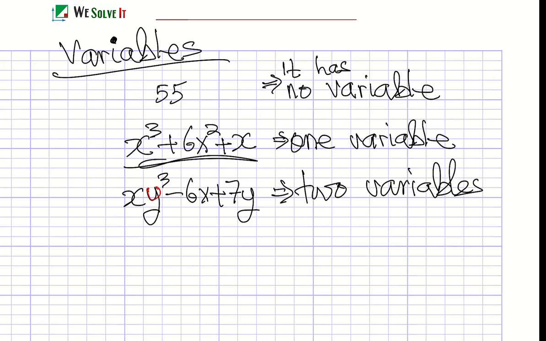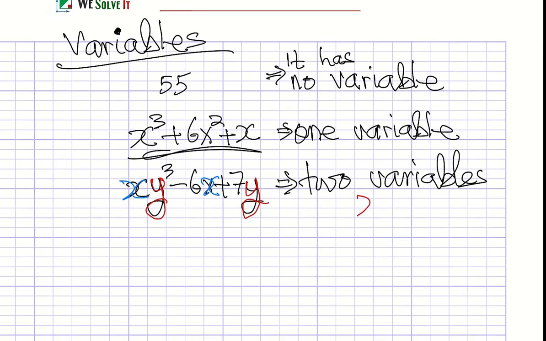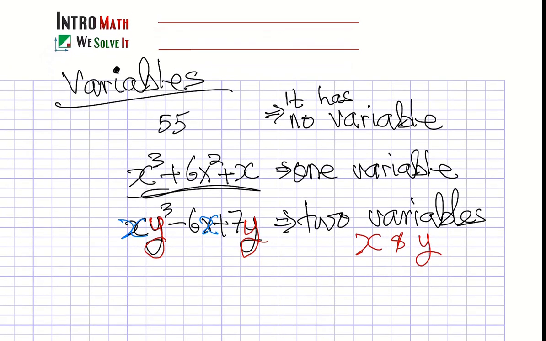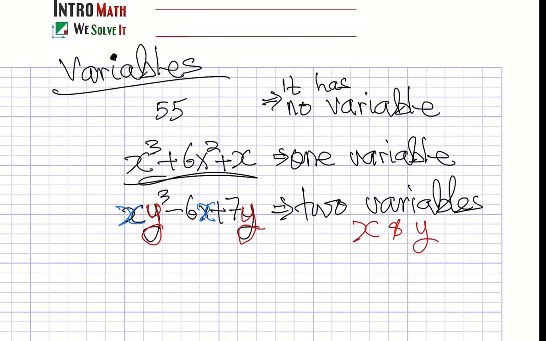It has x and it has y. Those are the two variables. But we're not gonna deal with polynomials with two variables. We're just gonna do polynomials with one variable.